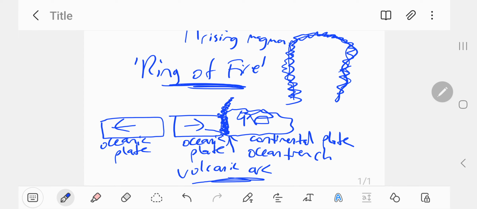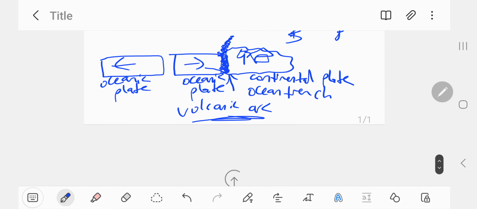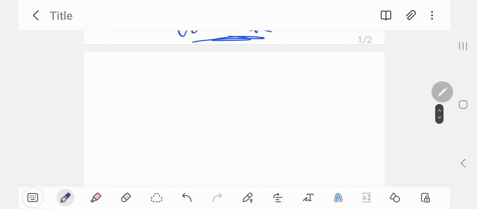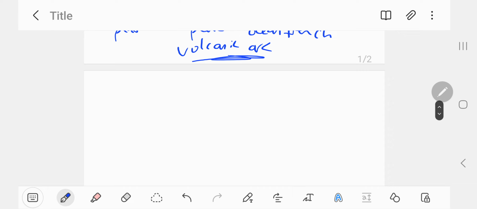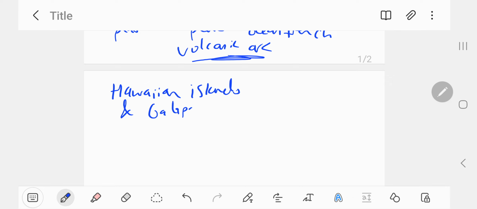And not only are volcanoes destructive, they're also quite useful for the formation of new landforms. What does that mean? I'll give you an example. The Hawaiian Islands were actually formed as a result of volcanoes. And even the Galapagos Islands, the famous Galapagos Islands where Darwin was studying his finches, off the west coast of South America.